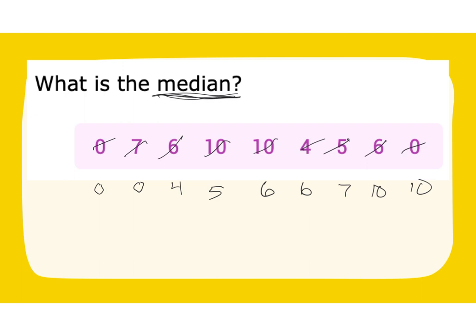Now to find the middle one, I'm just going to start crossing off from both ends and figure out where the middle is. Zeros and 10s are gone. The 4 and the 7, the 5 and the 6, the first 6, and my middle number is 6. So the median is 6.